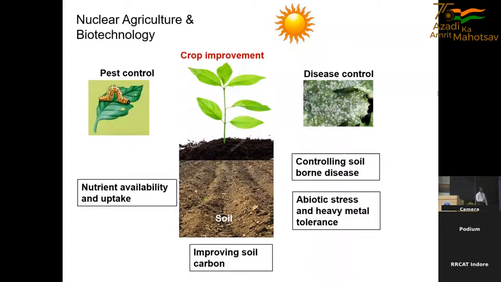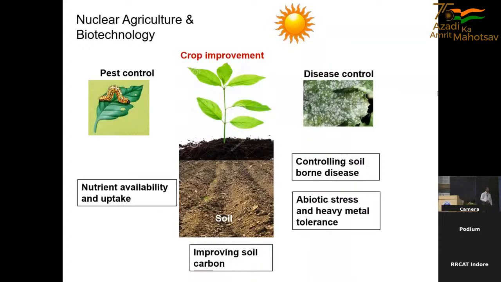production. If you see the pest control, we are using radiation to develop a technique called sterile insect technique to control insect pests. Again, we are using radiation to improve certain fungi which have antifungal activity to control pest and disease. And we have radioisotopes to study nutrient uptake from soil to crop plants.